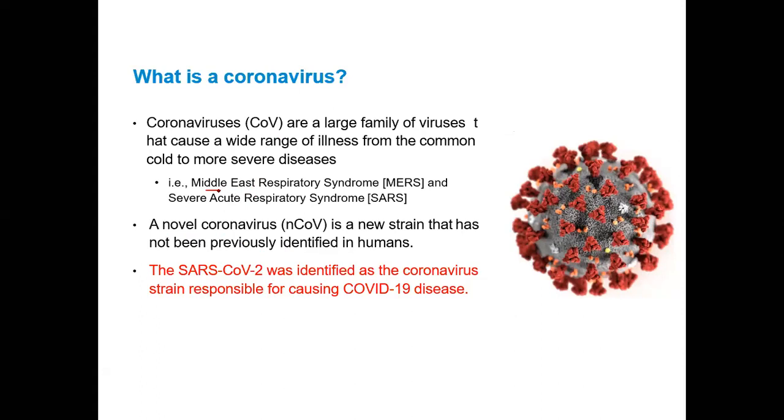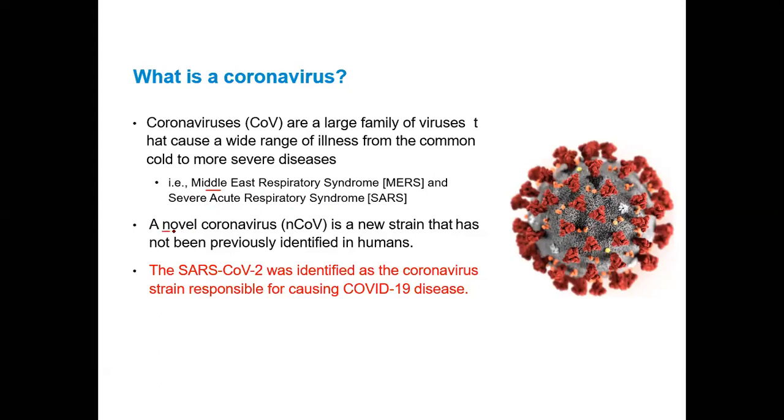Before, in about 2012, it emerged in Saudi Arabia in the form of Middle East respiratory syndrome اللي هو MERS, and also it emerged في 2003 and 2002, severe acute respiratory syndrome أو SARS.